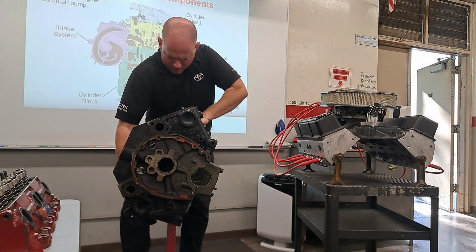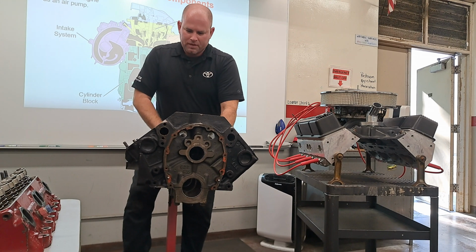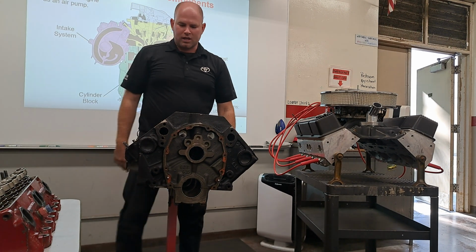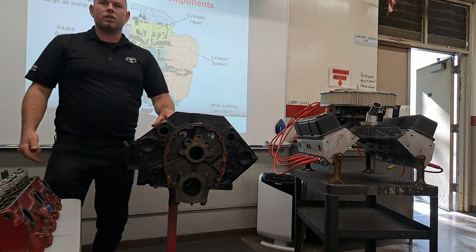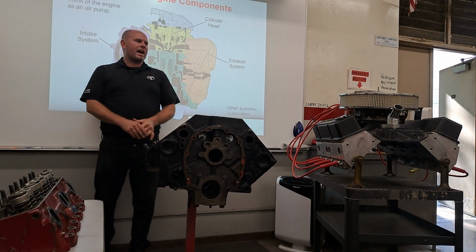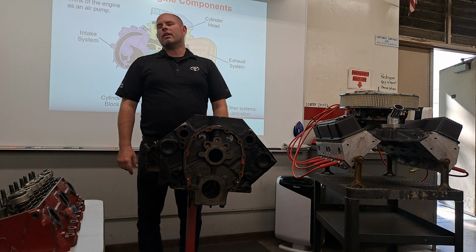Yes. Okay. Oh, there we go. It's a big girl there. How you doing? All right, so if you look, this would all be top end. So everything here is bottom end. And guess what? This hole right here, that's where the camshaft goes. So if it's an LS, if it's an old V8, something like that, the cam is actually in the bottom end. So it's kind of weird.